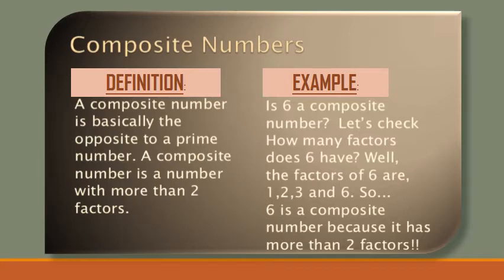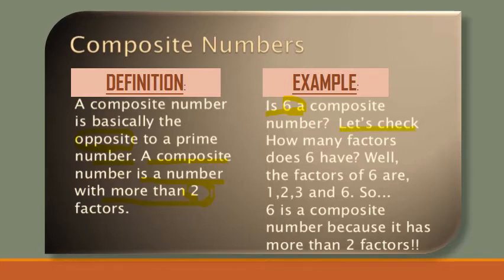Do you know, my dear students, what is a composite number? Composite numbers are basically opposite to the prime number. A composite number is a number with more than two factors. I repeat, with more than two factors. For example, is 6 a composite number?